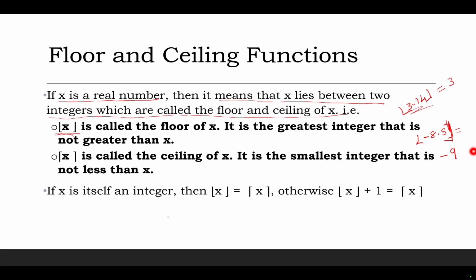And if x itself is an integer, then the floor of x is equal to the ceiling of x. Otherwise, the floor of x plus 1 is equal to the ceiling of x.